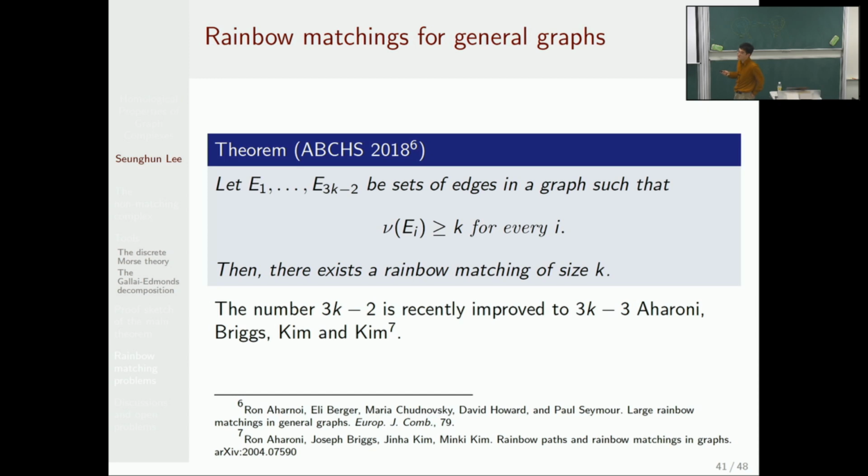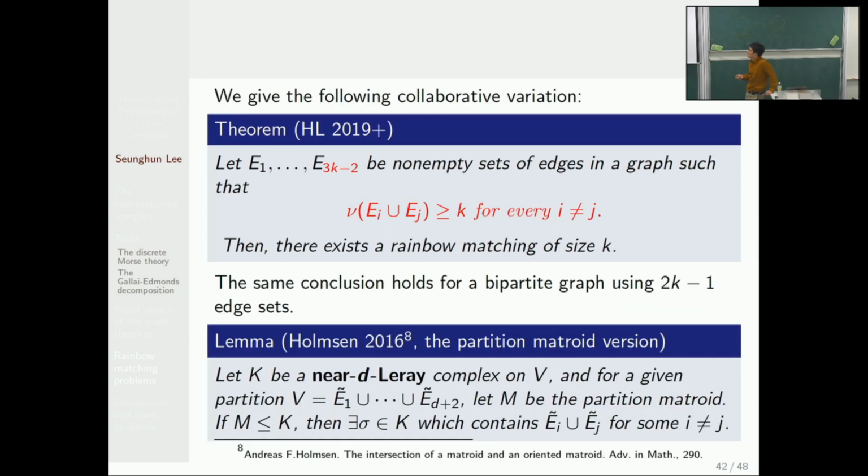And this requirement of 3k minus 2 edges was recently improved to 3k minus 3 by Aharoni, Briggs, Gina Kim and Mingi Kim. They also got this theorem with slight improvements.